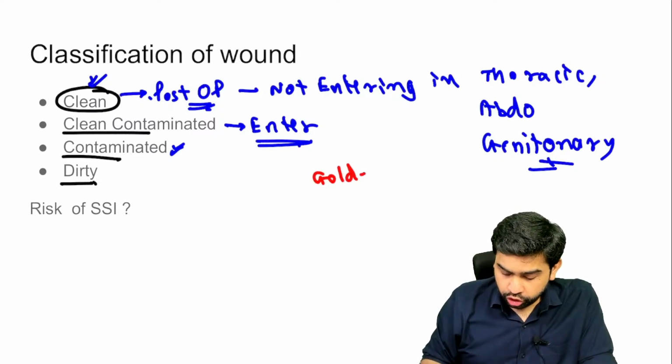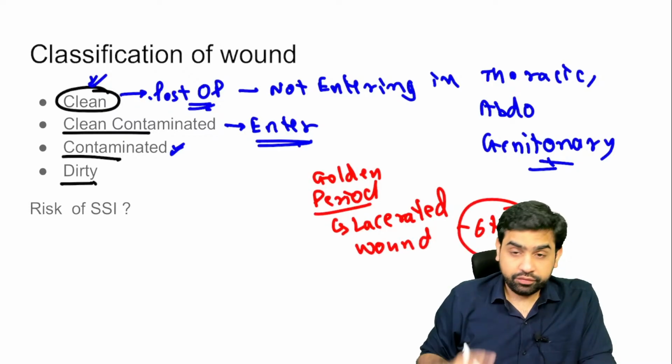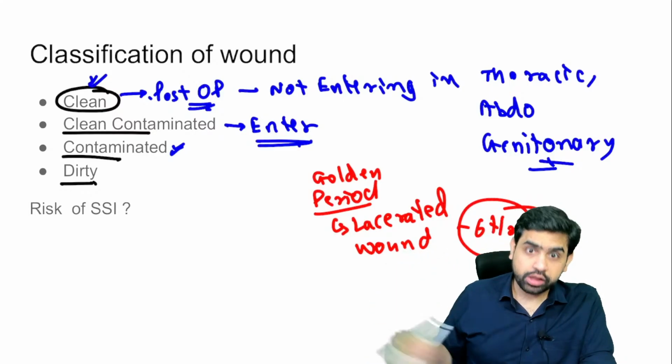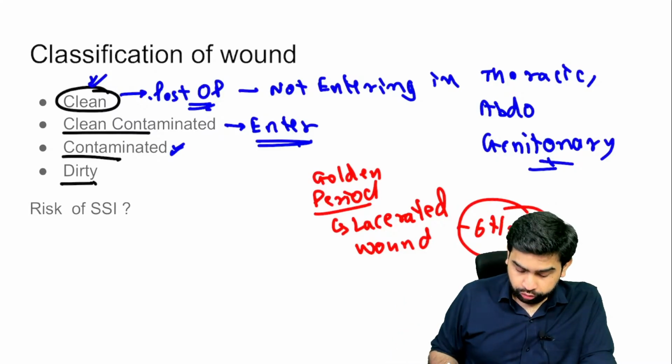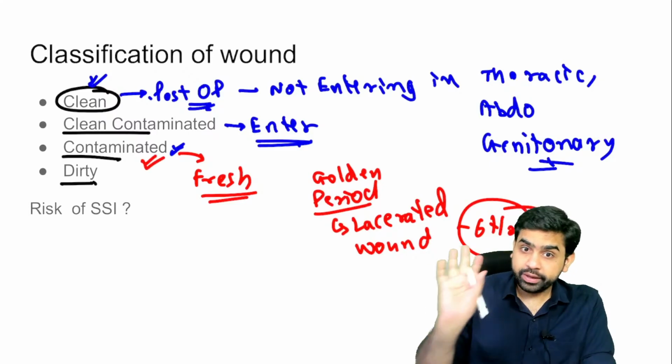The golden period for the lacerated wound is 6 hours. Within the 6 hours, you can clean that wound and take sutures on it. A fresh lacerated wound is considered to be a contaminated wound.